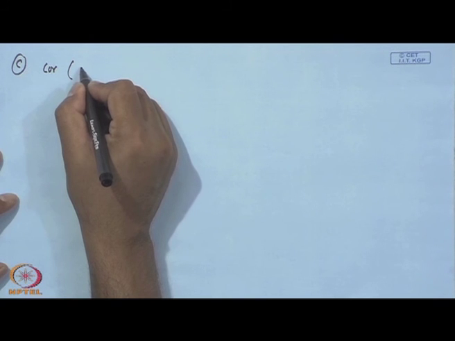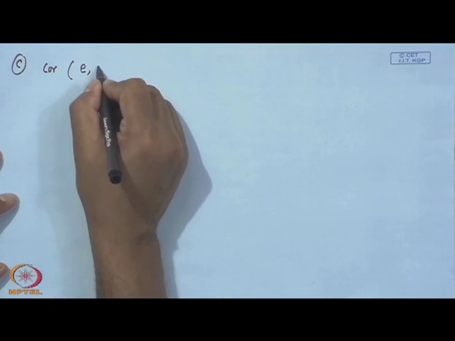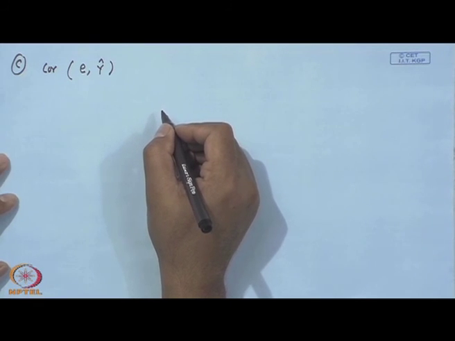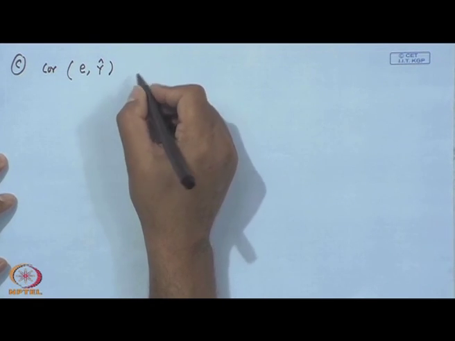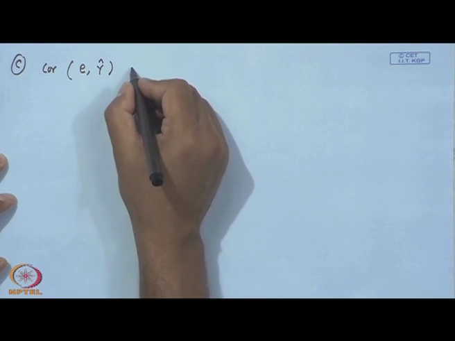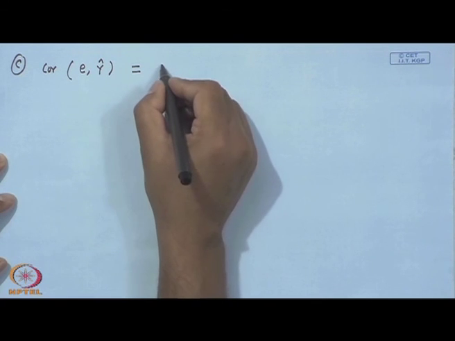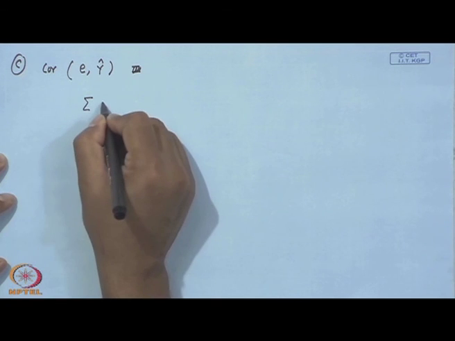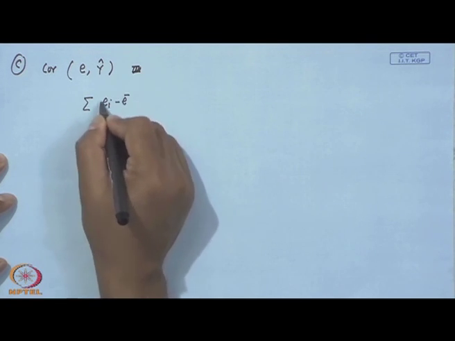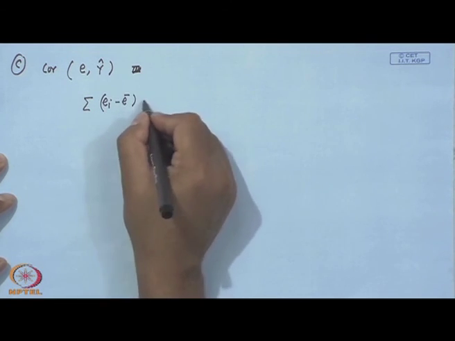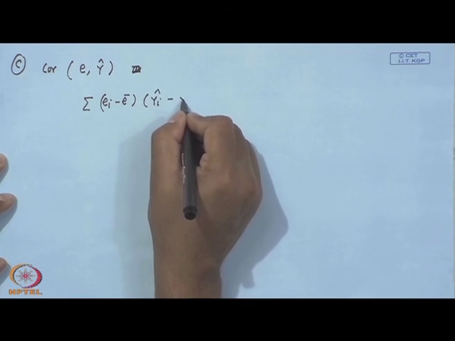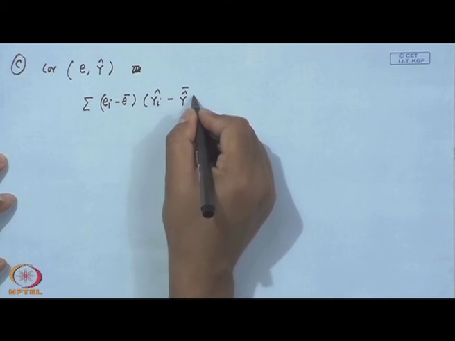Anyway, so part C: the correlation between E and y hat. First we will start with the summation of E I minus E bar into y I hat minus y hat bar.